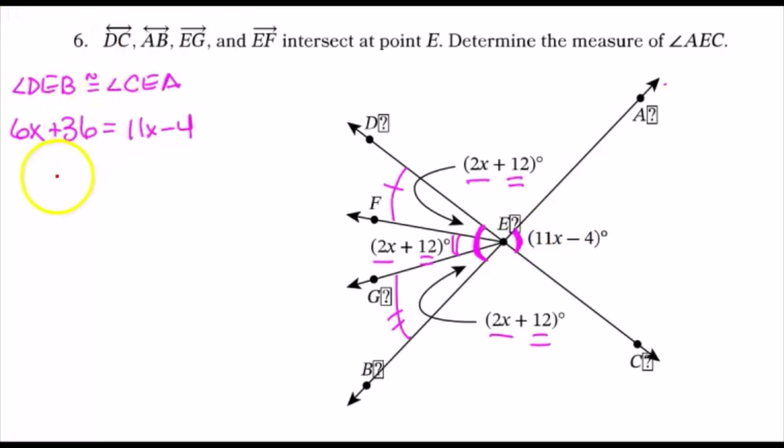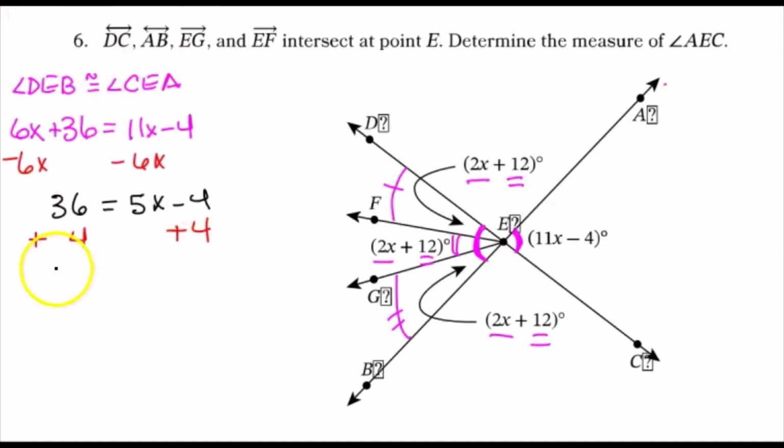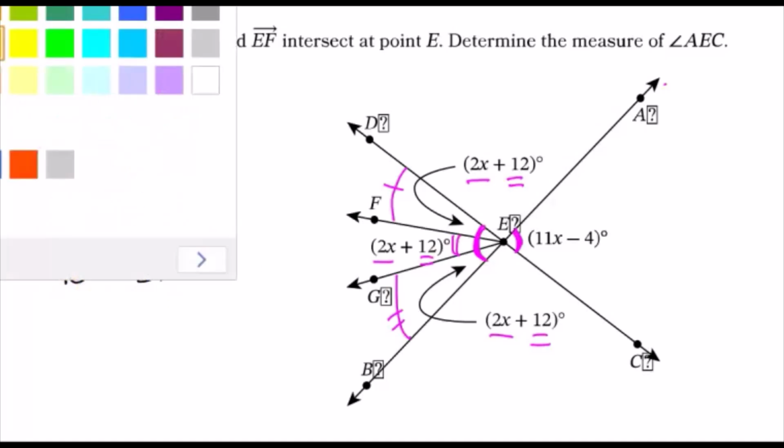So then what I want to do is subtract the 6x from both sides, and then I get 36 equals 5x minus 4. Then I'm going to add 4 to both sides, the opposite of subtraction is addition, or the inverse operation, and then I get 40 equals 5x.